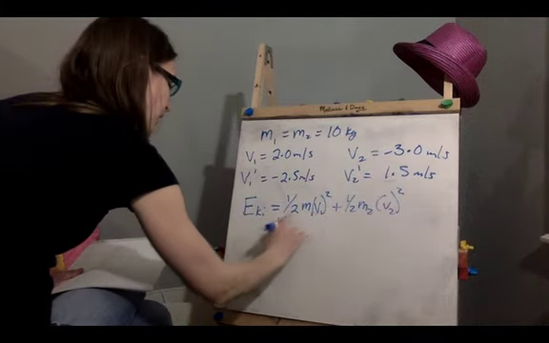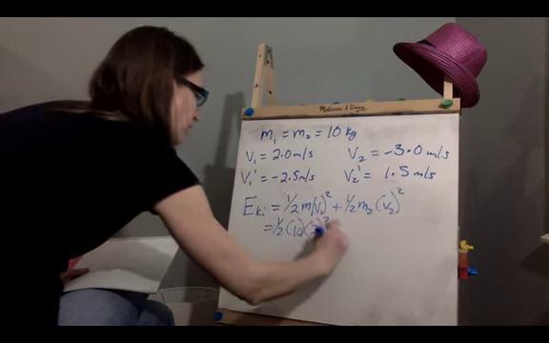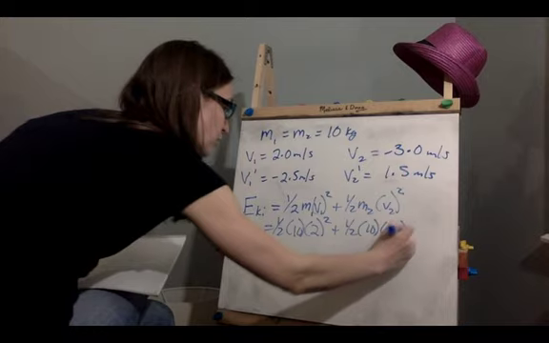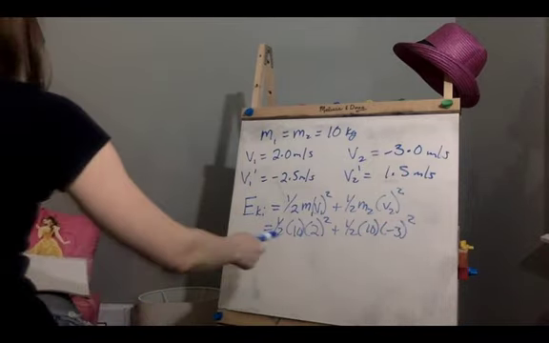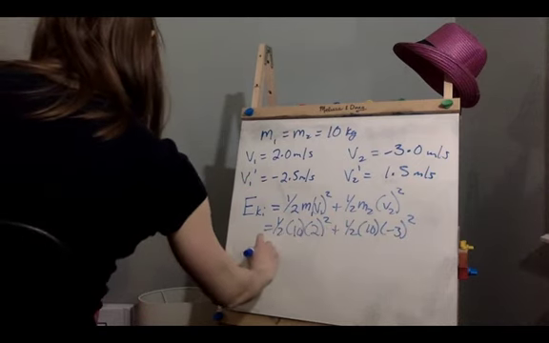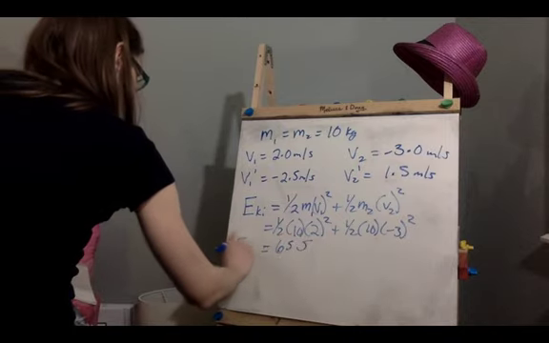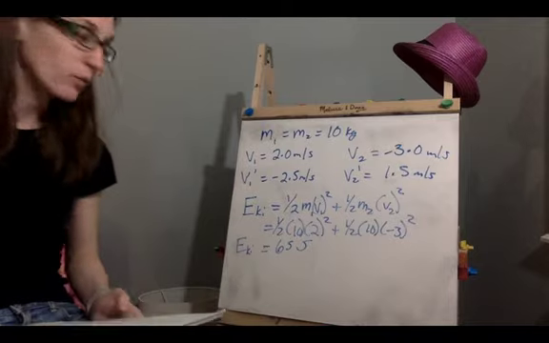Okay, so that's 1/2 times 10 times 2. So I'm using my initial values here. And the 1/2 times 10 times negative 3 squared. Okay, so you do that. That's 20. That's 45. So add them together and you get 65 joules. Okay, so there's our kinetic energy to start with.